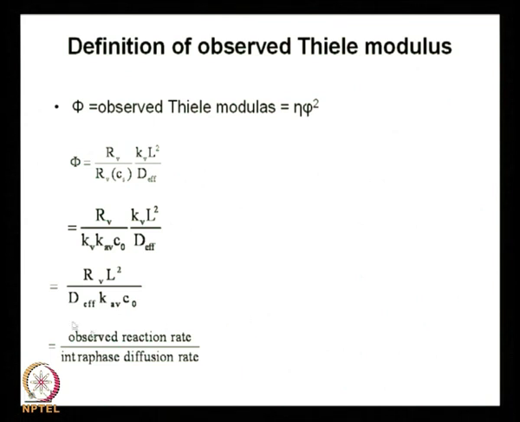Yeah. So, this is correct, that observed reaction rate over interface diffusion rate. So, the observed Thiele modulus is the effectiveness factor times the intrinsic reaction rate, which is the observed reaction rate. So, the effectiveness factor times the intrinsic reaction rate is the observed reaction rate. So, the observed Thiele modulus is observed reaction rate over interface diffusion.